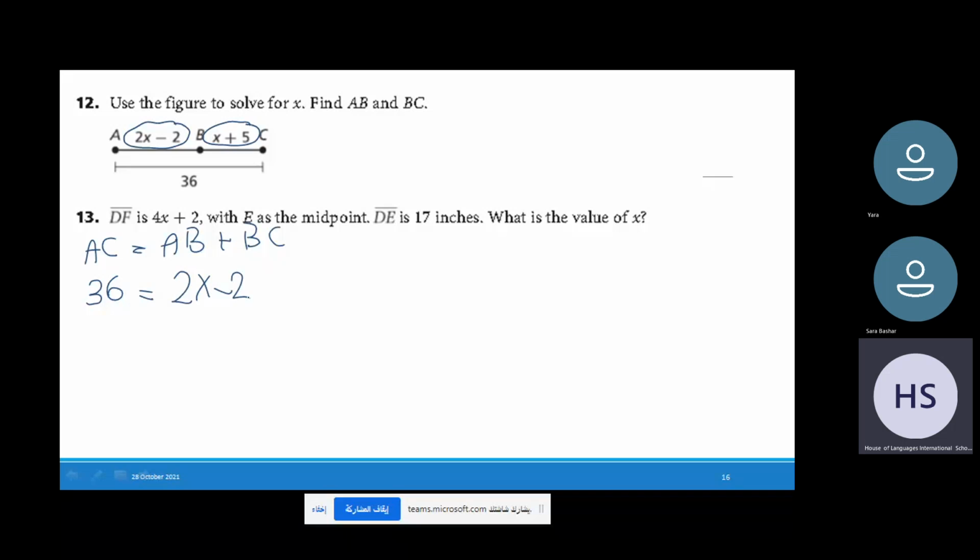Plus, what is the length of BC? x plus 5. Then we have to combine the like terms: 2x plus x is 3x. Negative 2 plus 5 is positive 3. Bravo.